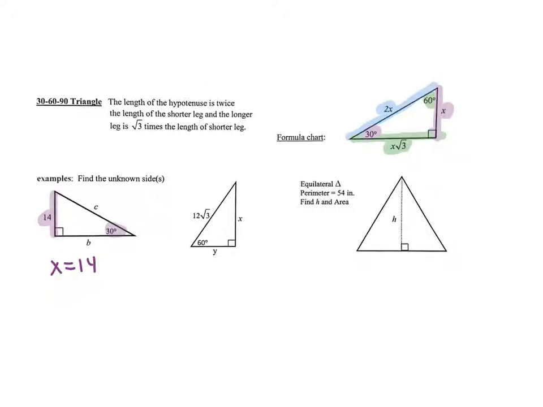If this is 90, that means across the way is our 2x. So this c is represented by 2x, where our x has a value of 14, which means c is going to equal 2 times 14, or 28.